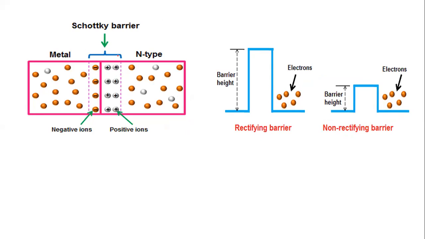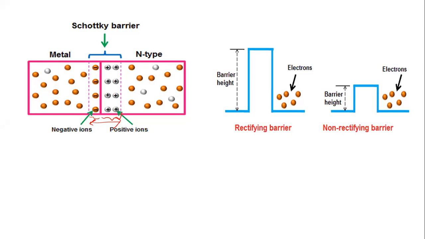The depletion region is formed such that there will be positive ions in the n-type semiconductor and a certain amount of negative ions on the metal side of the junction. The negative ions on the metal side, as well as the positive ions on the semiconductor side, form what is called the Schottky depletion width. This is the depletion region, and this is the depletion width.